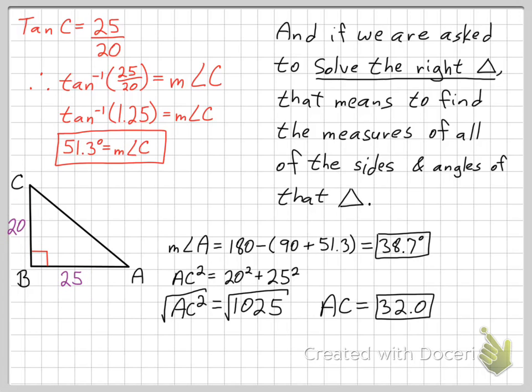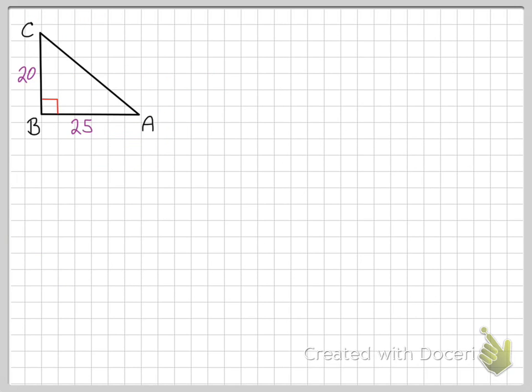But just to drive home this concept of the trigonometric ratios, I'm going to solve for the length of the hypotenuse, 32, by using another technique, a trigonometric ratio. So again, I recopied the triangle here for your convenience, and I'm referring to SOHCAHTOA. The sine of angle C is equal to AB over AC.